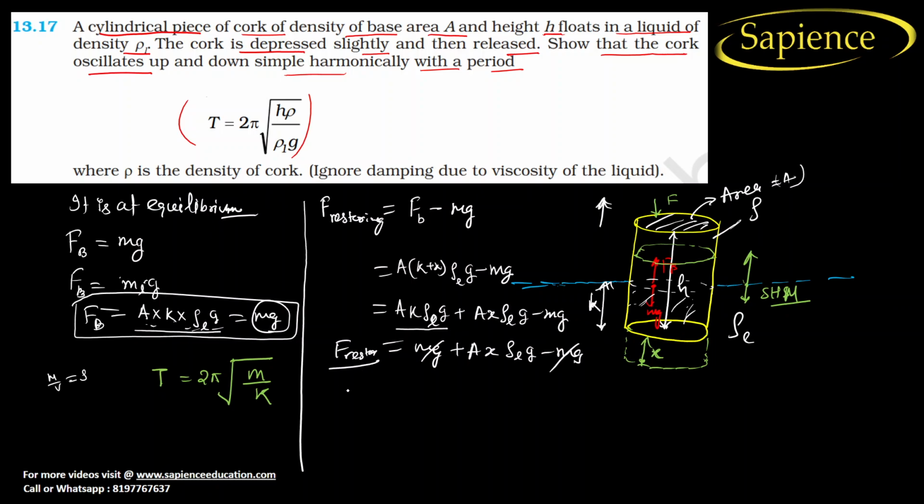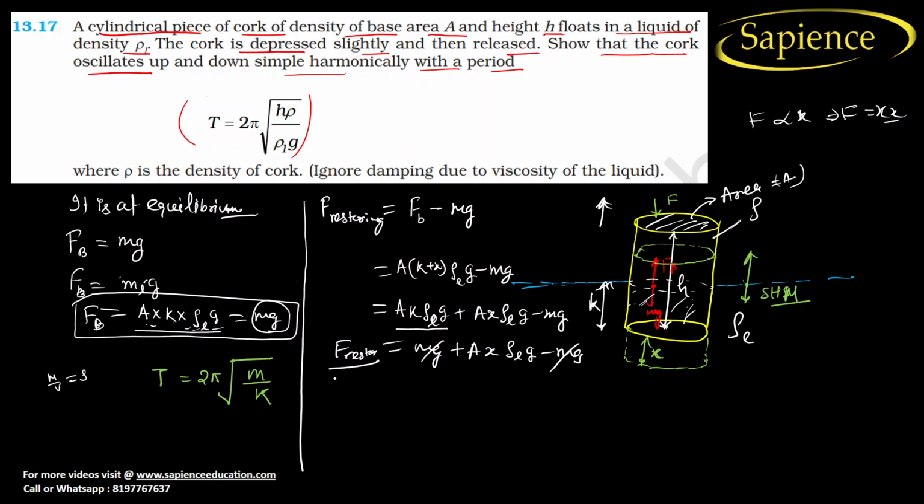So due to the restoring force, what will it create? It will create an S.H.M. For an S.H.M. equation, we know that the restoring force is proportional to x, so F is equal to kx.